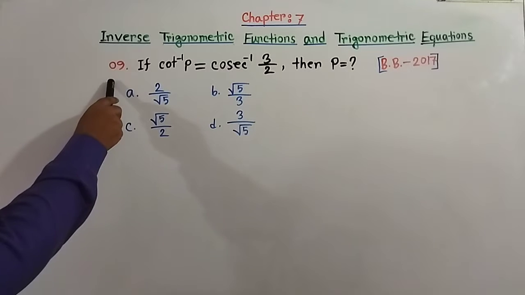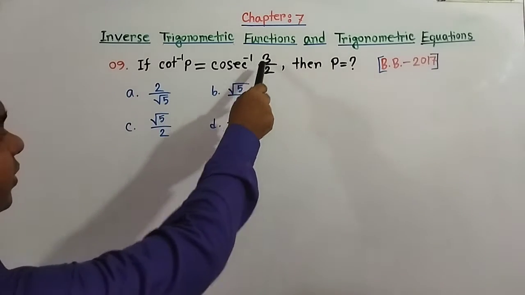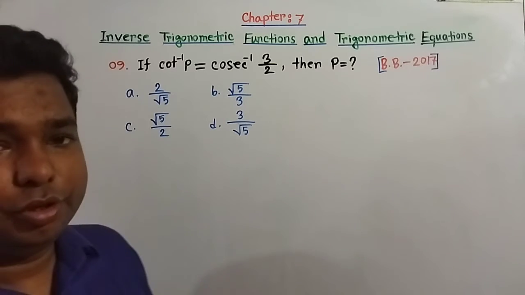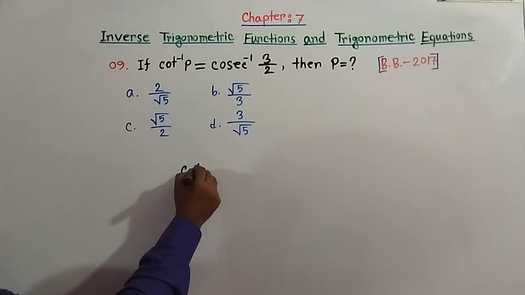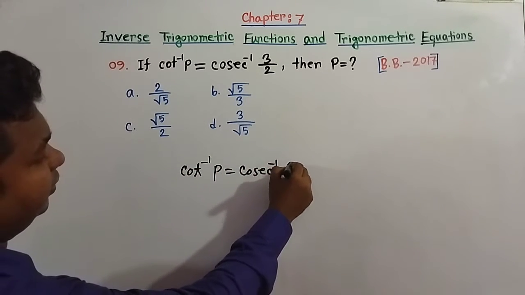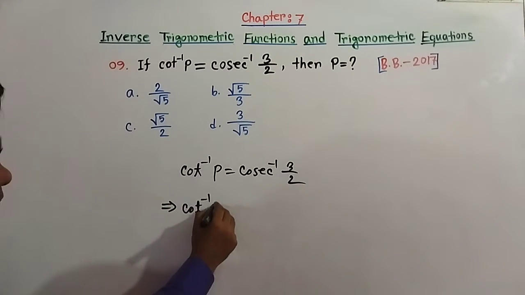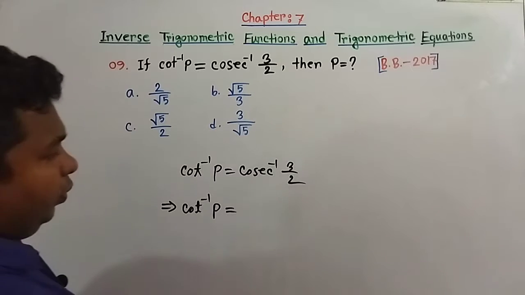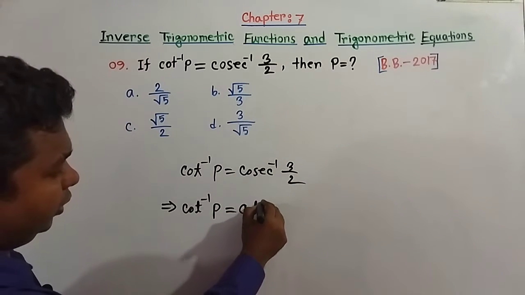Now question number 9, if cot inverse P equal to cosec inverse 3 by 2, then P equal to what? Here given cot inverse P equal to cosec inverse 3 by 2, we can write cosec inverse 3 by 2 as cot inverse.